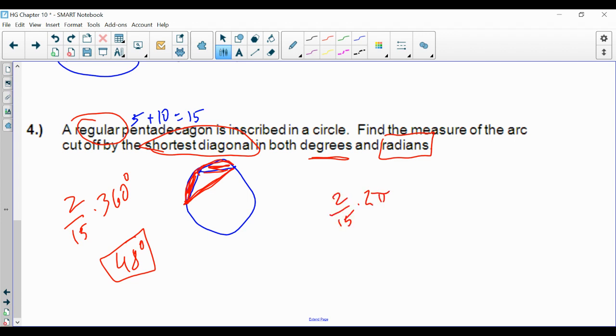So I can do the exact same math and say, oh, 2/15 of 2 pi, and this is our answer in radians. So that's our conversion, is that one full circle is equal to 2 pi radians, and we also know one full circle is 360 degrees. So just different measurements like feet and meters, same idea.